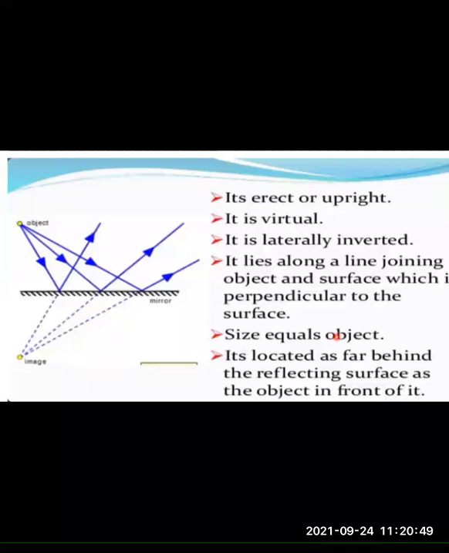Whatever the person's characteristics are, the same characteristics will be reflected in the mirror. It is located as far behind the reflecting surface as the object is in front of it. Okay, so these are basically the characteristics that we see for the image formed by a plane mirror.